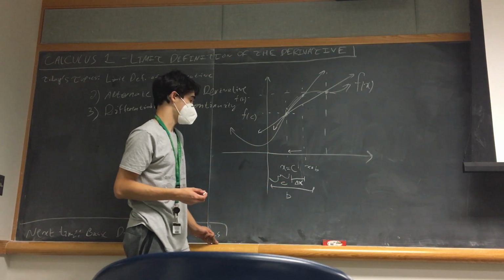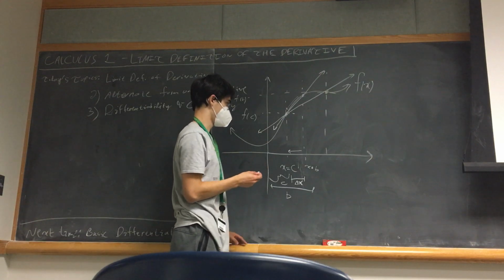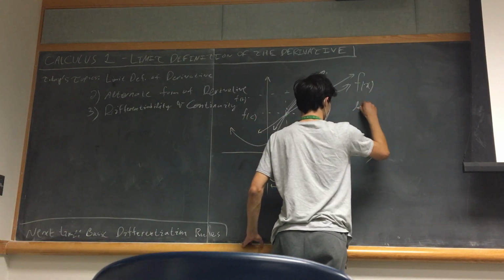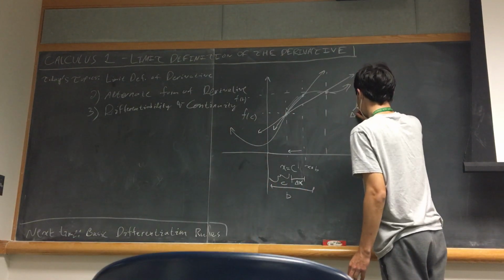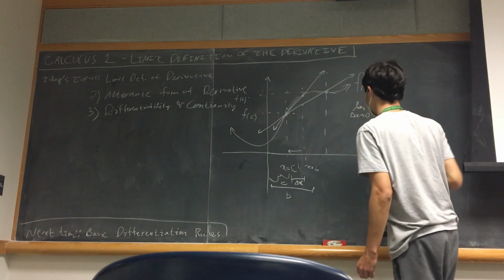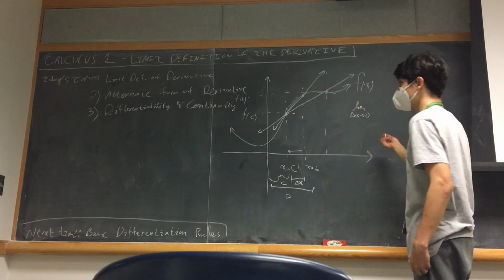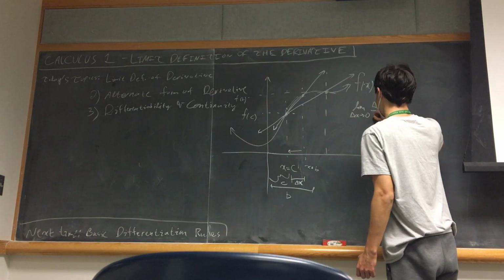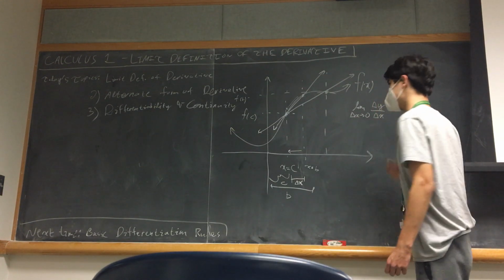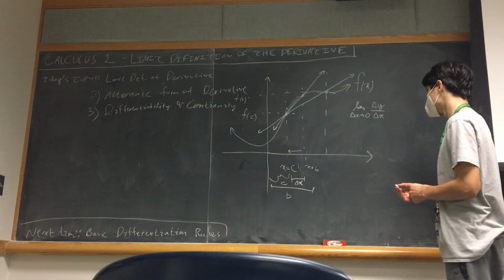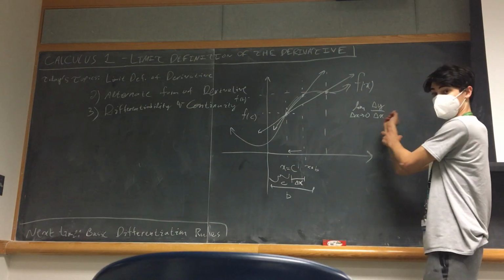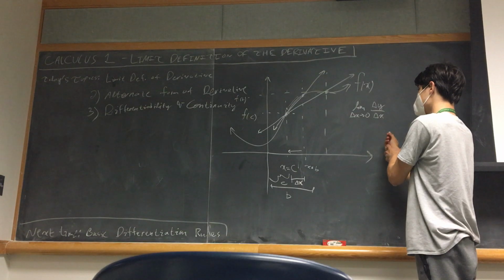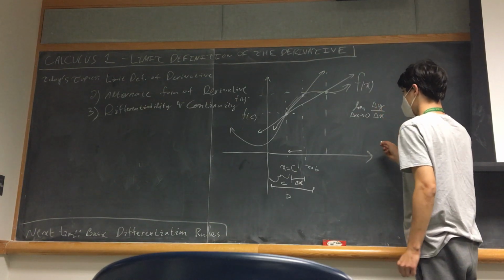So what we want is the limit as delta x approaches 0, and we know the slope formula to be delta y over delta x. So this here will give us the derivative of a function.